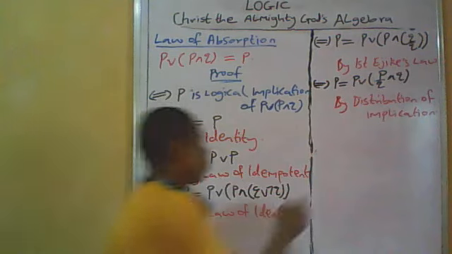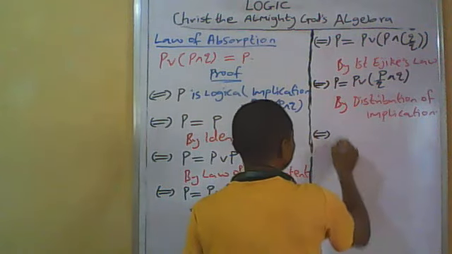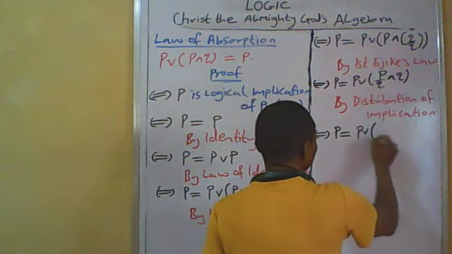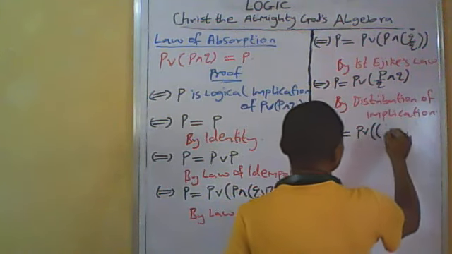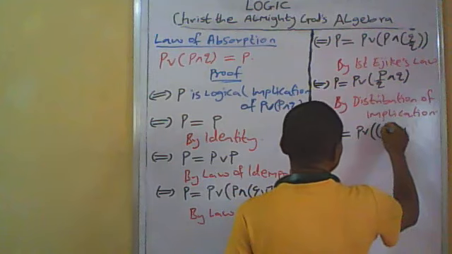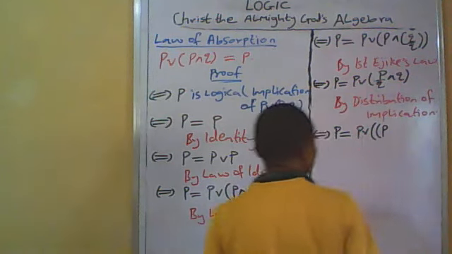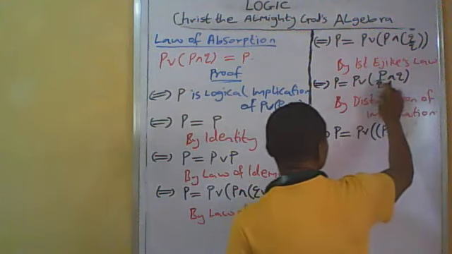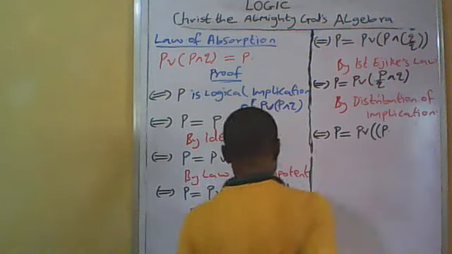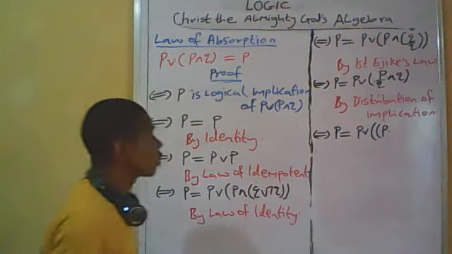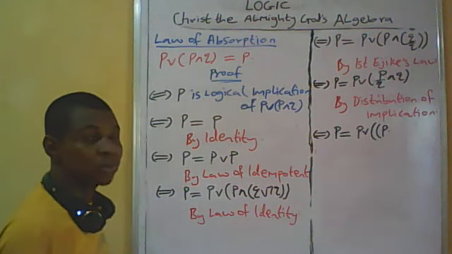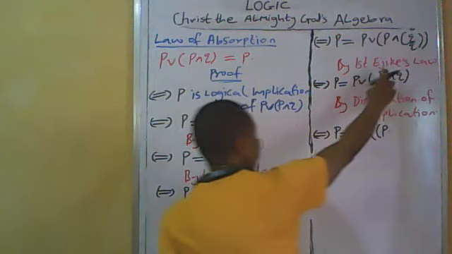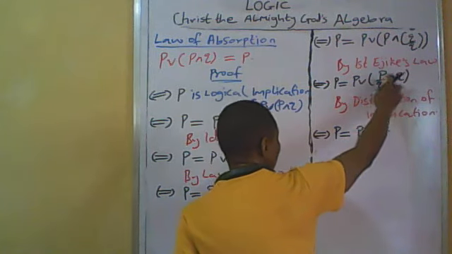If and only if P is equal to P or (P). Now I'm going to transform this Q to a disjunctive statement. That means this P upon Q, that is a conditional statement.